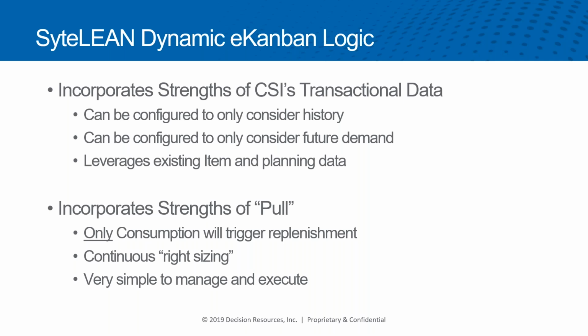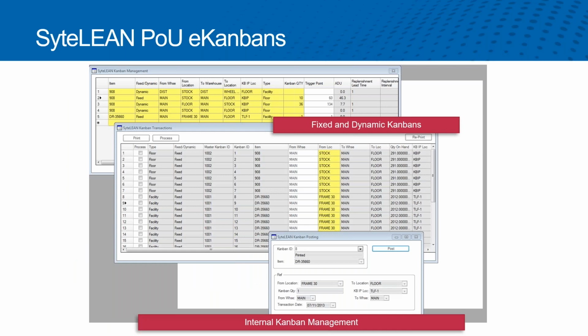The point of use Kanbans consist of basically three simple steps. First, you define a buffer for the replenishment. And you can see that up there at the very top of this form. In this Kanban management tool, I've said where I want to keep these parts and how many of them I want to keep.